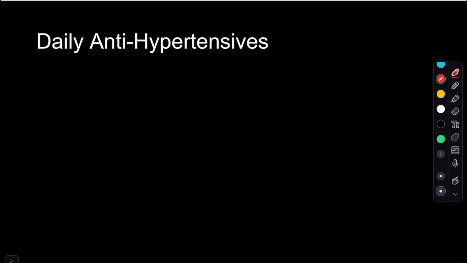The last topic that we're going to discuss here is daily antihypertensives. A pretty common scenario that you could see with patients coming in for their pre-op exam is a patient who reports that they took their lisinopril on the morning of surgery. Really, the biggest thing that this would cause, if they took lisinopril or maybe losartan, is that you're going to inhibit your renin-angiotensin-aldosterone system.